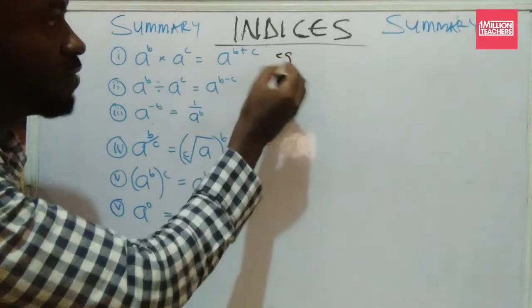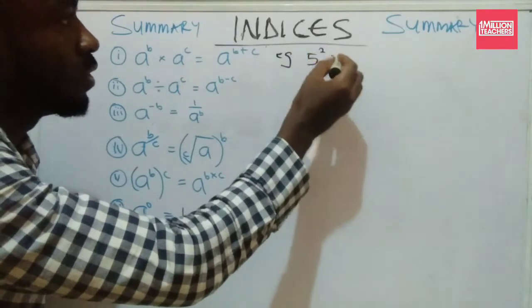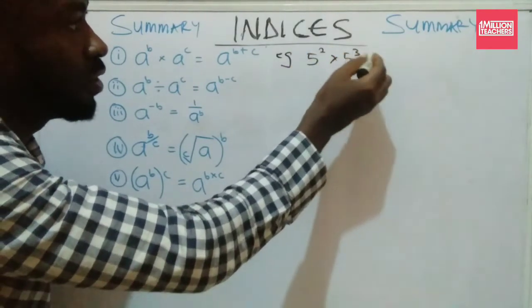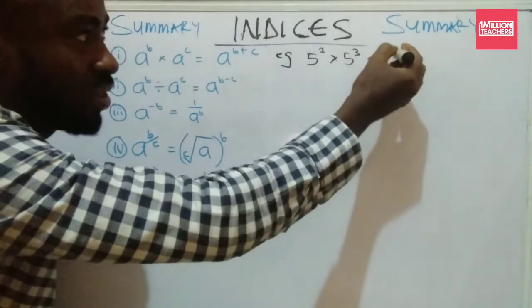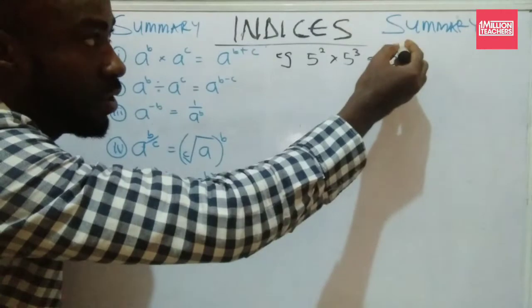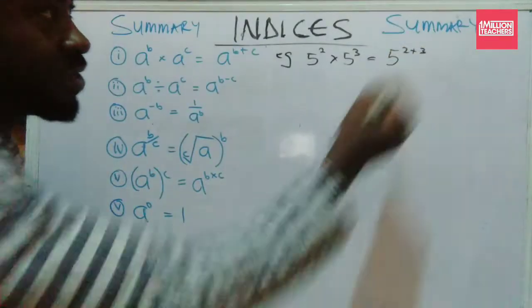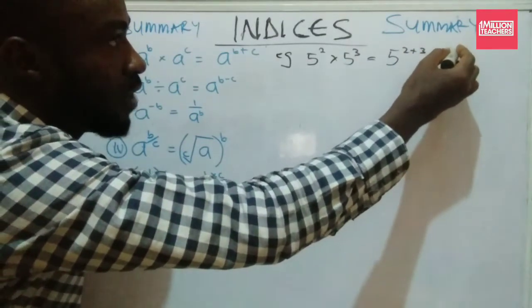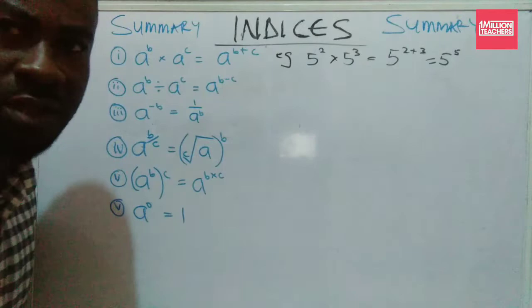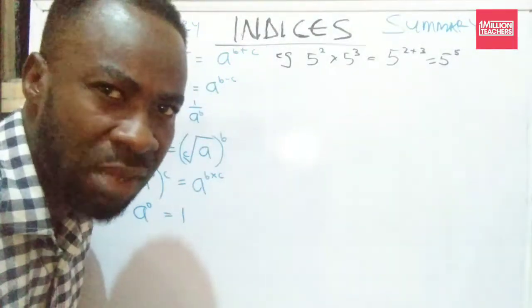For example, if I have 5^2 times 5^3, you can see the bases are the same, 5, 5. Then we can apply the multiplication law by just summing up the powers, which gives us 5 raised to 2 plus 3, 5^5. That is basically what the multiplication law is all about.